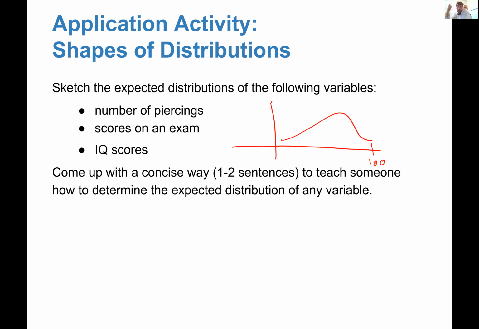But it's probably unimodal, and probably still skewed, because it's easier to get further away from the average if you're doing really badly than if you're doing really awesome. And IQ scores are intentionally pretty symmetric and unimodal. The further away you get from the average IQ score, the fewer people tend to have that score.